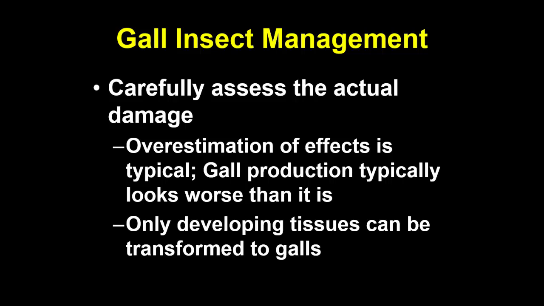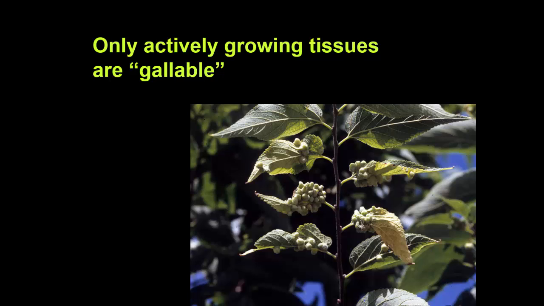If they're already out, they're no longer susceptible to be turned into a gall, because only actively growing tissues can be turned into galls. So once they've fully expanded, they're no longer gallable. Only actively growing tissues are gallable. So this is not a true word, but let's use it for this discussion.